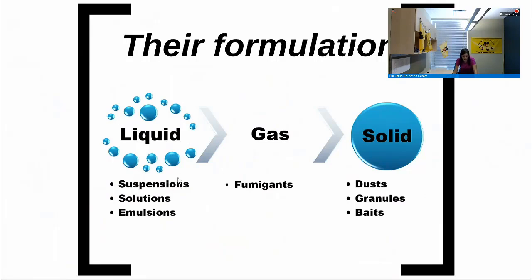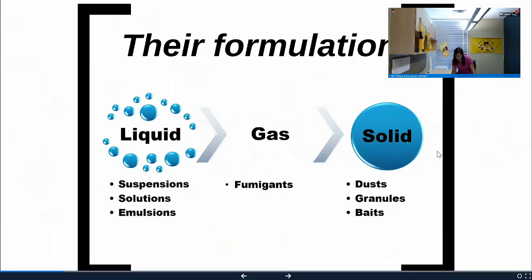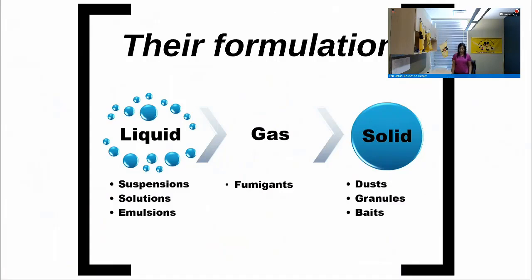That's a suspension, could be a solution, could be an emulsion. We're going to talk in detail about the difference between these three. It could be a solid pyrethroid. It could be a dust. It could be a granule. It could be a bait.